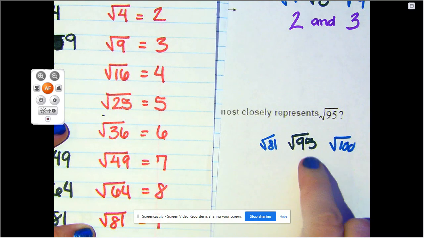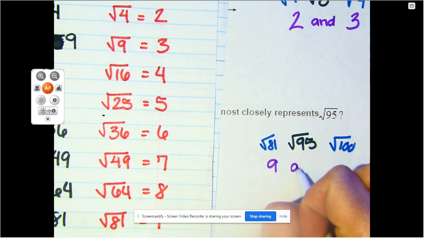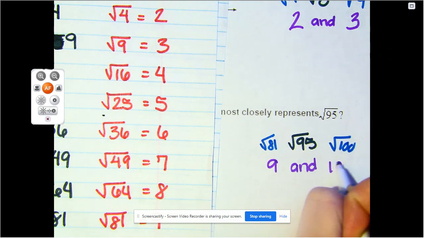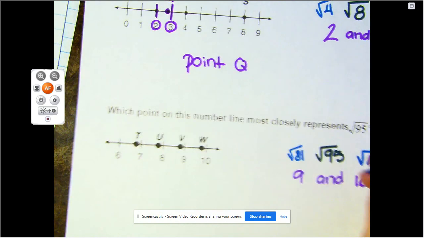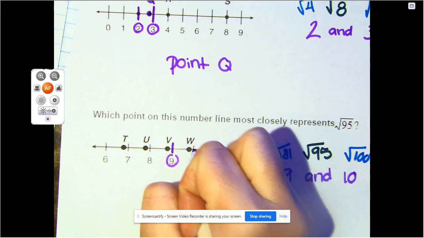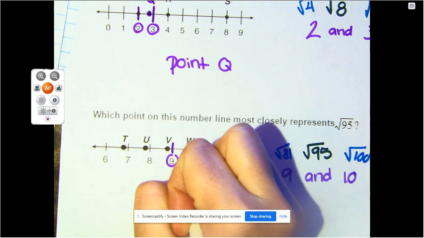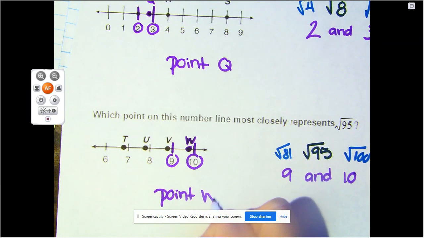The values of those numbers happen to be 9 and 10. Looking at your number line, this particular square root is going to fall in between 9 and 10, and there's only one point located between those two numbers. So point W would be your answer.